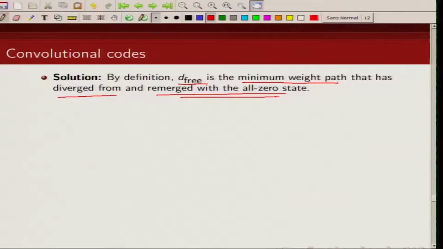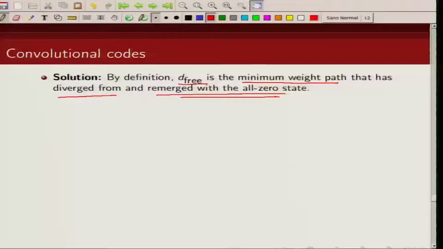So, if you have a convolutional code, without loss of generality, let us say we are transmitting the all 0 code word, then the minimum weight code word will be the minimum weight along all paths that go through non-zero states.